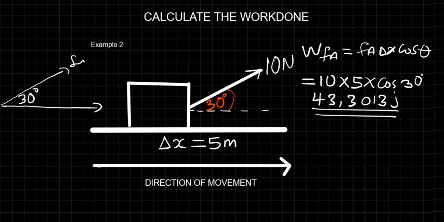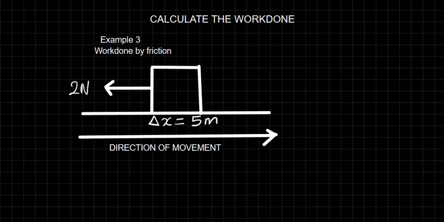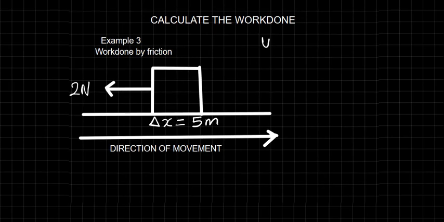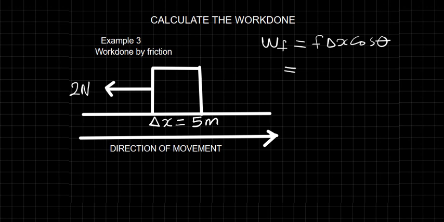Now, example 3. We're going to look at the work done by friction. Work done by friction is equal to the friction multiplied by the displacement multiplied by the cos theta. Our friction in this case is 2. Our displacement is 5. And now the cos of theta.